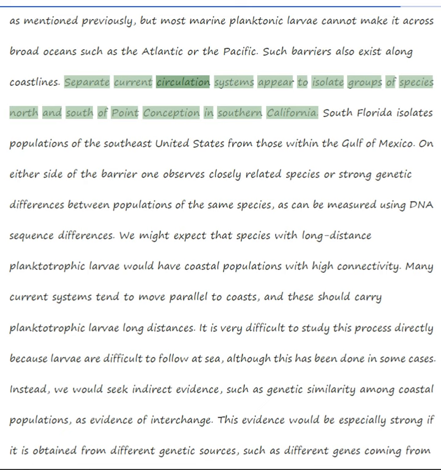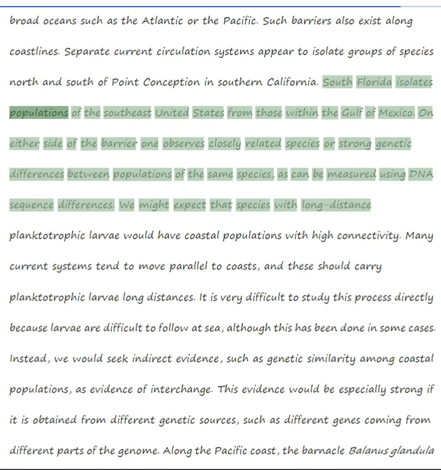Separate current circulation systems appear to isolate groups of species north and south of Point Conception in Southern California. South Florida isolates populations of the southeast United States from those within the Gulf of Mexico. On either side of the barrier, one observes closely related species or strong genetic differences between populations of the same species, as can be measured using DNA sequence differences.